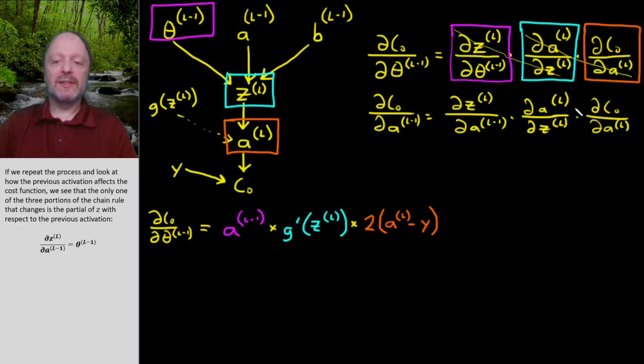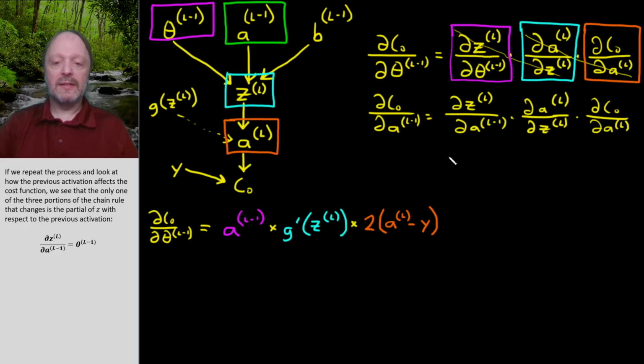These two pieces are the same. They don't change. The only thing that changes is this very first value right here. So I'm going to highlight that in green. This little piece right here is all that's going to change. So I need this piece.